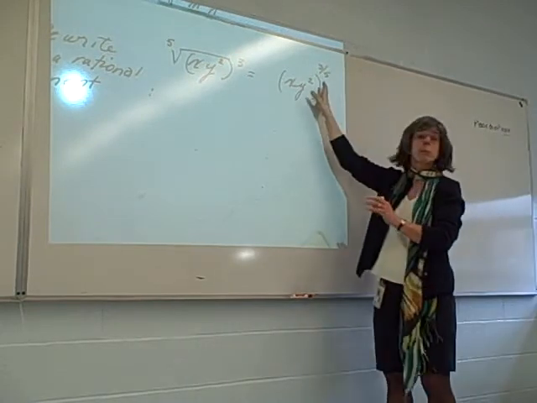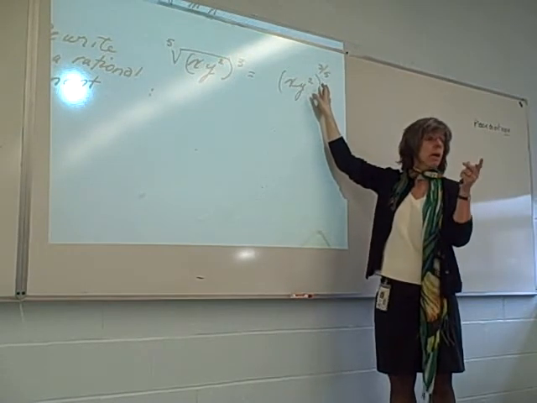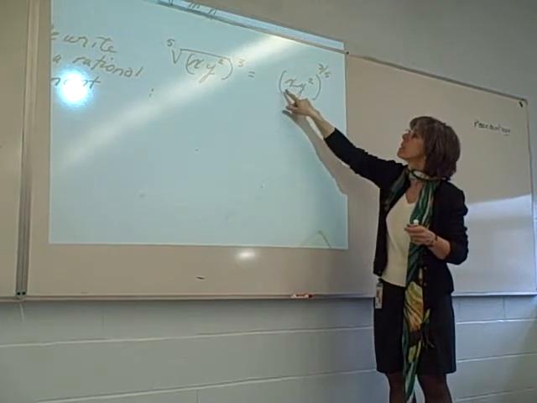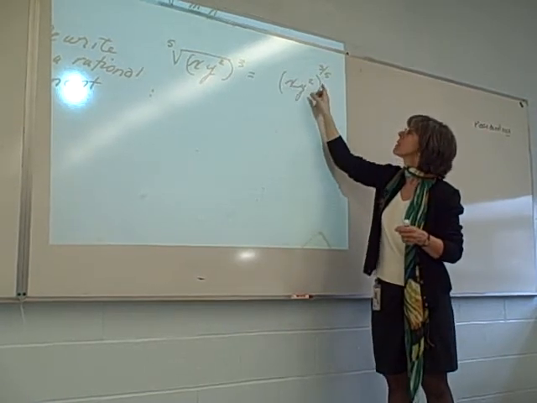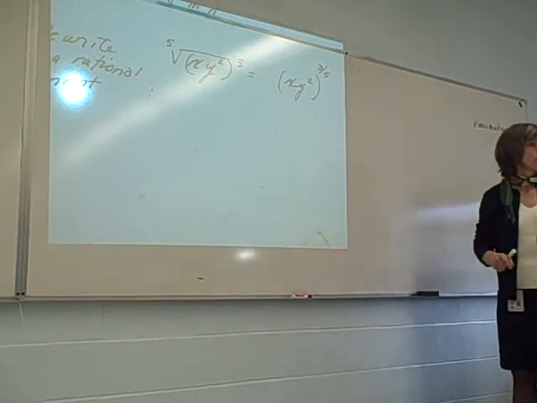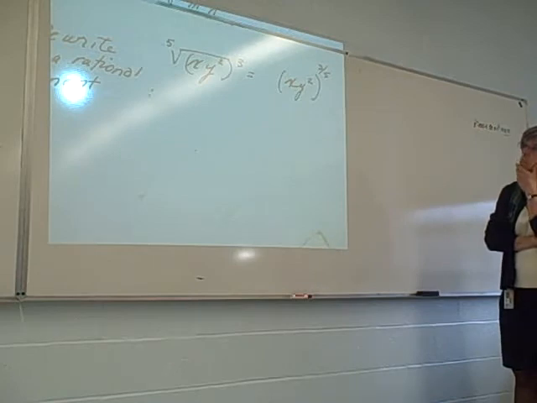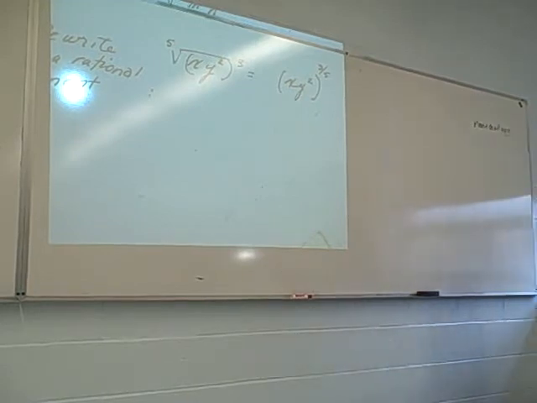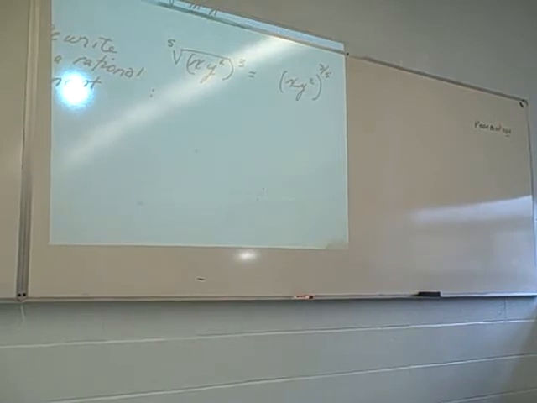I would put parentheses around the entire thing, because I want to make sure it's understood. On that one, it would make more sense to put parentheses around the whole thing except for the 3. It might be hard to tell. It's kind of confusing when there are two radicals, like the index.